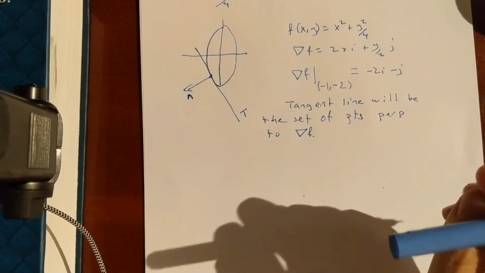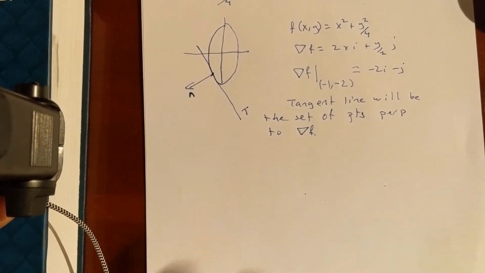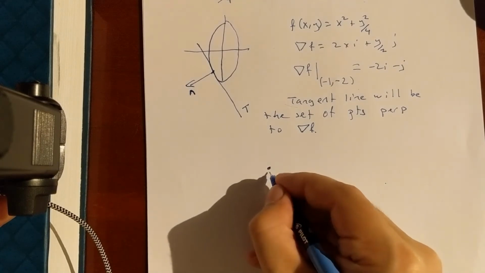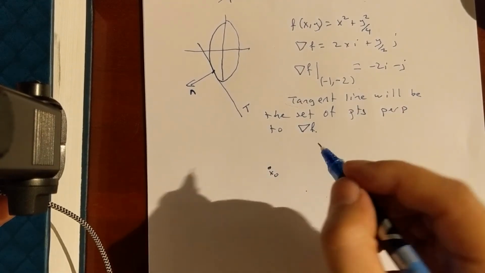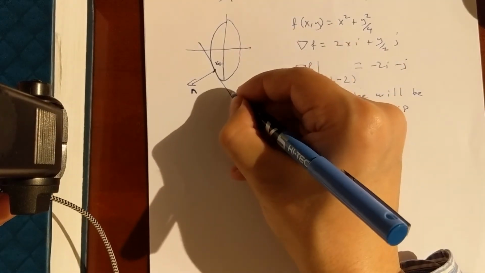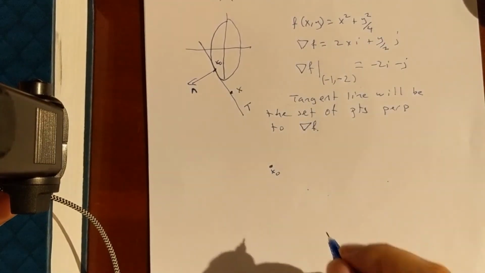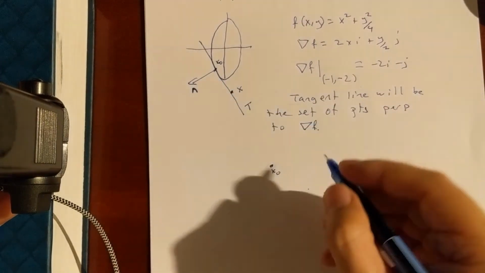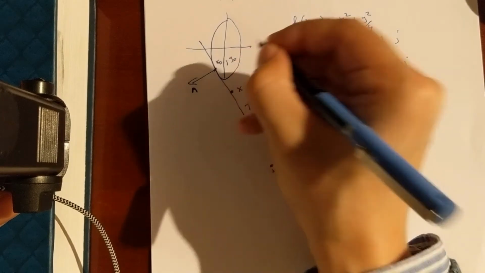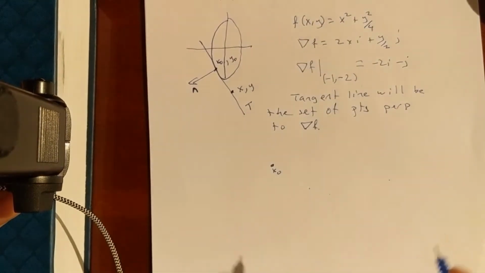Okay, so how are we going to find all those points perpendicular to the gradient of f? Well, we have our x naught, right? Sorry, we drew it already here. X naught, let's say this is a point x, okay? So what do we know? If we see this as x naught, y naught, and let's say this is the point x, y.